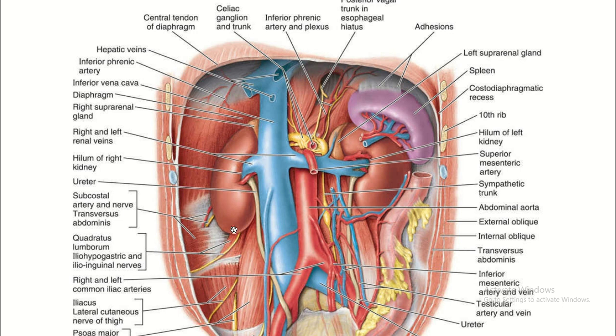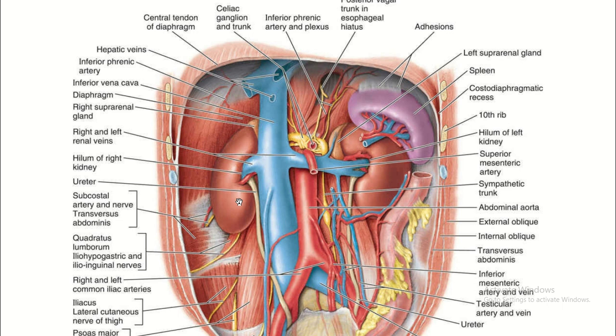And L1 nerve, right? Remember, the L1 nerve is going to terminate as the iliohypogastric and ilioinguinal nerves. So the iliohypogastric and ilioinguinal nerves will actually be behind or posterior to your kidney, right?